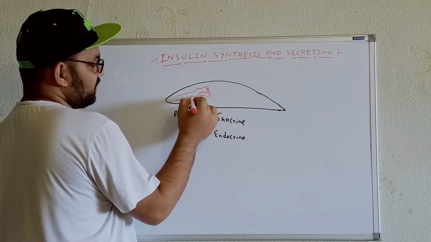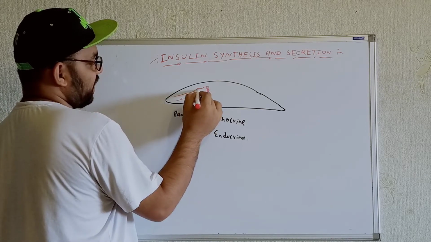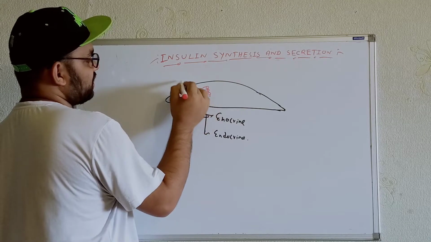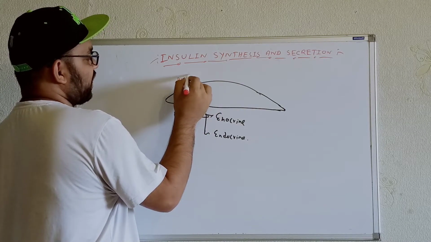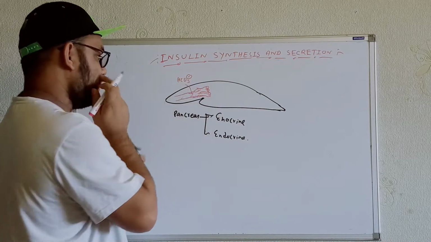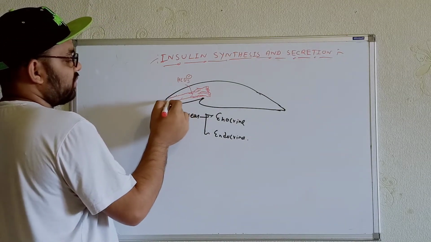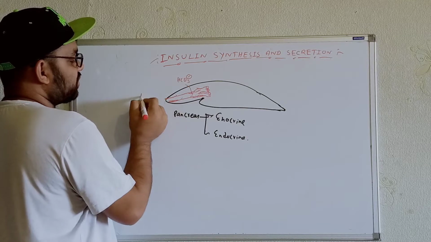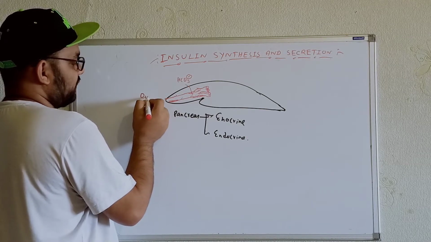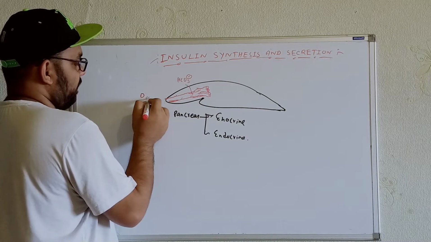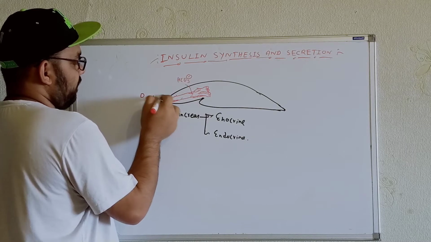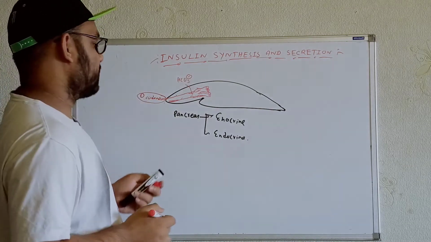From the duct cells we get secretion of bicarbonate. This bicarbonate gets mixed with the pancreatic juice, and through the pancreatic duct it opens into the duodenum. This is for digestion purposes.